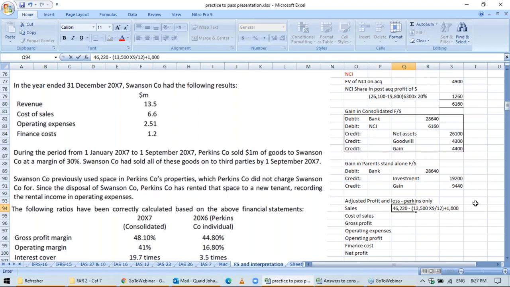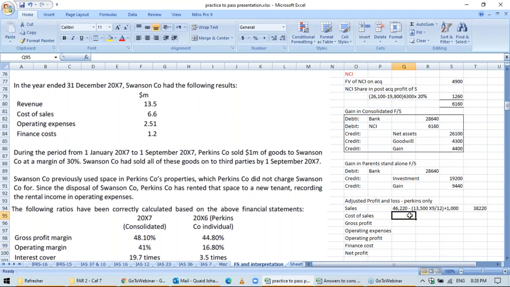So this gives you the separate sales now, which is $38,220. Now this excludes the subsidiary sales and the consolidation adjustment.